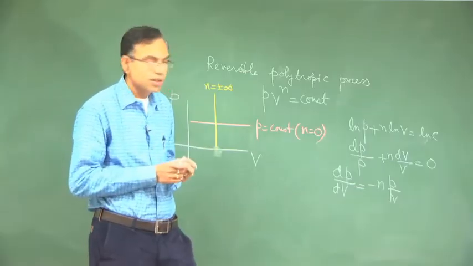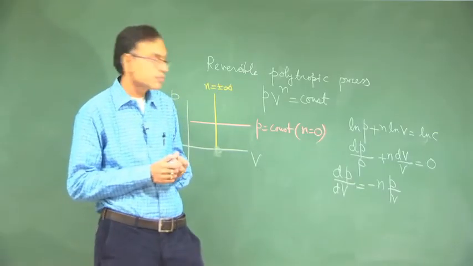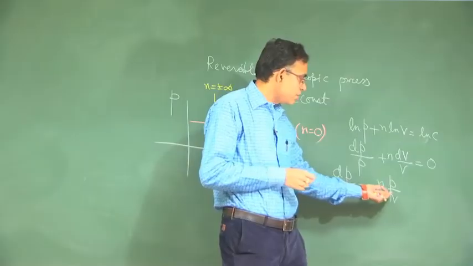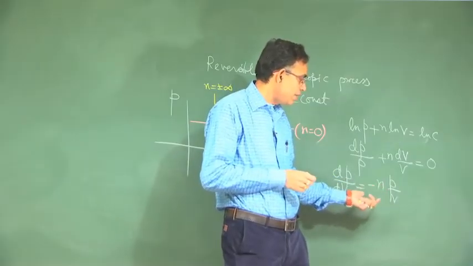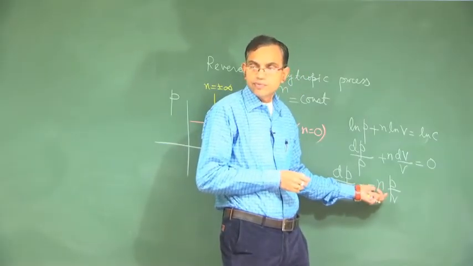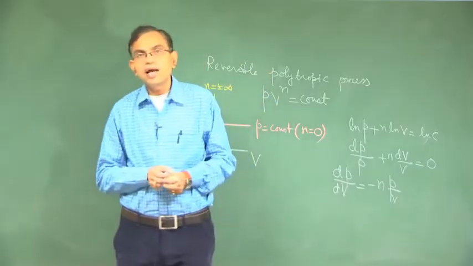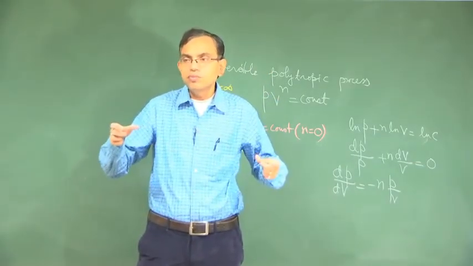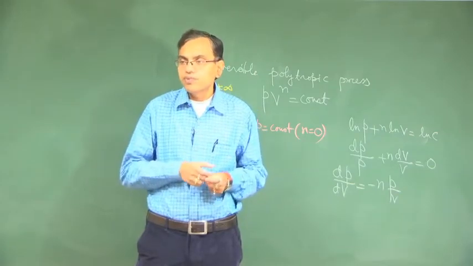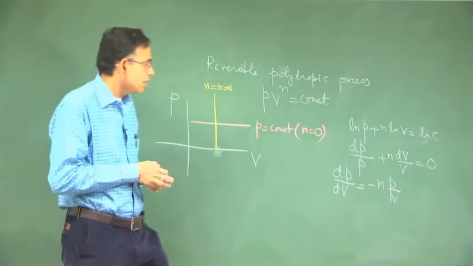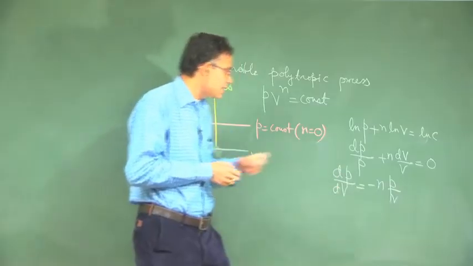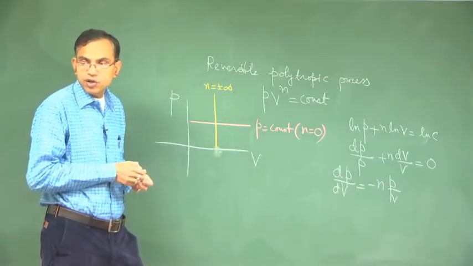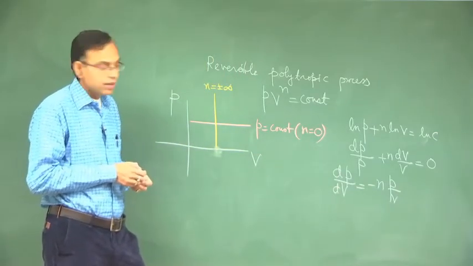So in those examples, first of all dP/dV is negative. It is quite obvious from physical intuition that if you increase volume, the pressure will reduce for a given system. So the slope is negative, not positive.